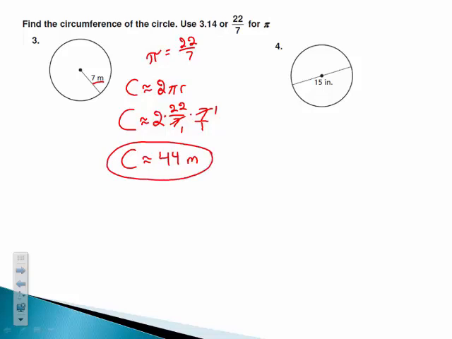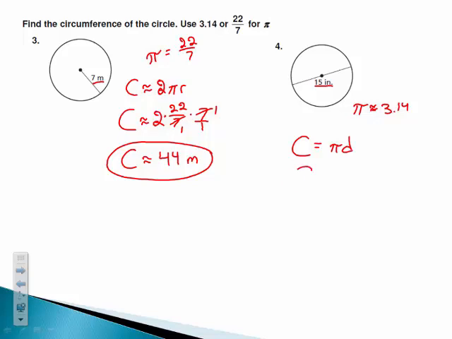Okay? If we move on to number 4, notice that we cannot divide our diameter by 7 equally. So for pi, we're going to use 3.14. And then for our circumference formula, we're going to use circumference equals pi times diameter because we have our diameter.